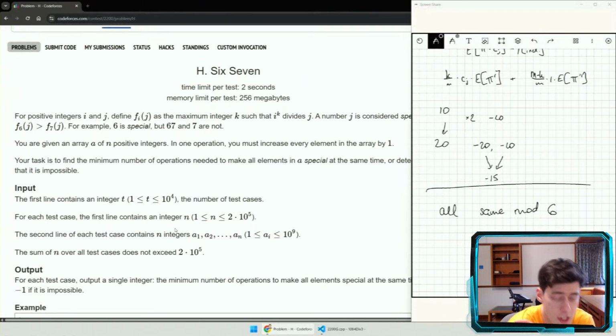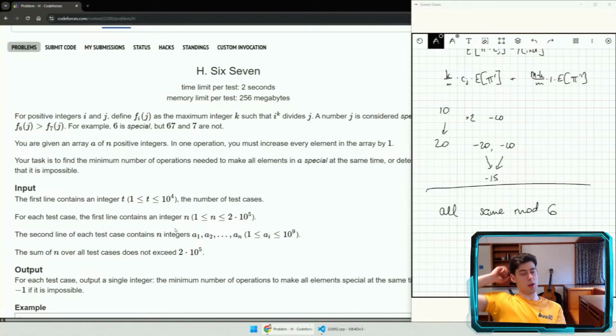So if they are all the same mod 6, then I feel like it'll always be possible, just because if you keep cycling enough multiples of 6, you should get to a case where the numbers aren't divisible by 7 eventually.